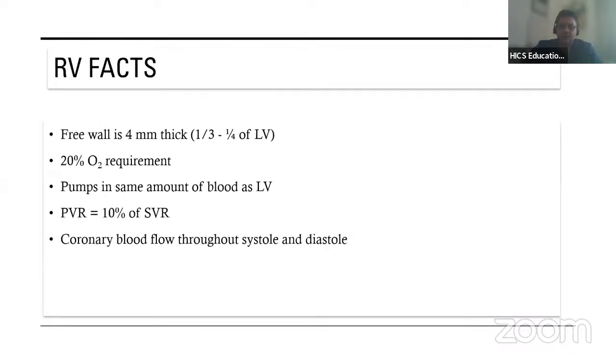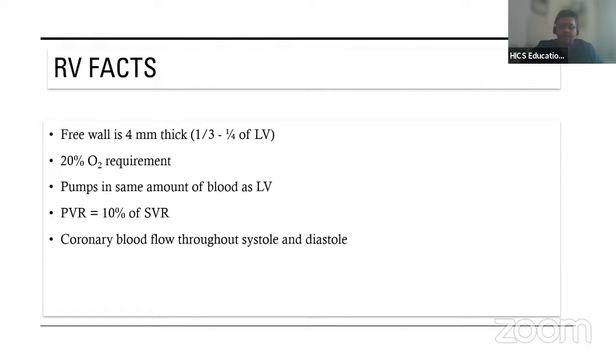Anatomically, the free wall of the right ventricle, as I said before, is a fraction of the free wall of the left ventricle. That is, it is 4 millimeters thick compared to the 14 to 18 millimeter thickness of the left ventricle. The oxygen requirement of the right ventricle is also 20% of what the left ventricle requires. Therefore, the coronary circulation is equally minimal.